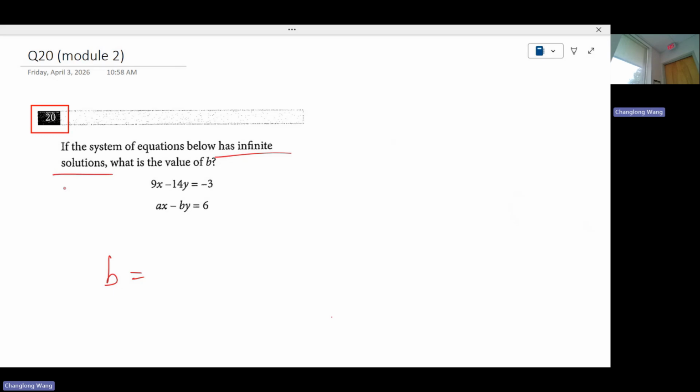The way to quickly do that is to realize that this one is a 6, so you can multiply the first equation by -2 to turn it into the second equation, at least so that the right hand side works out, right? -3 times -2. But now you're also multiplying -14 by -2. That will match the B.